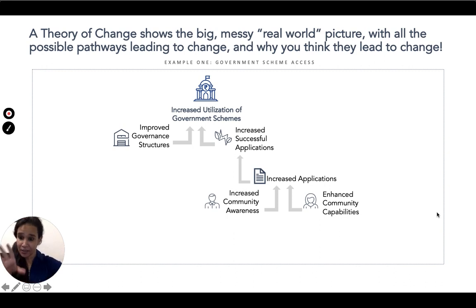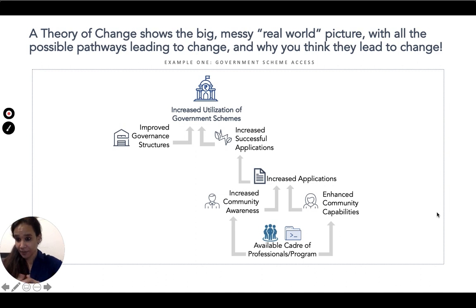For increased applications, you would definitely need more awareness among these communities or target groups that there are schemes which will help them better their living conditions or improve healthcare access, quality of education, etc. And other than awareness, you also need their capabilities as to how to really navigate through an online platform, what kind of forms to fill in, how to create certain documentation you need for the schemes, etc.